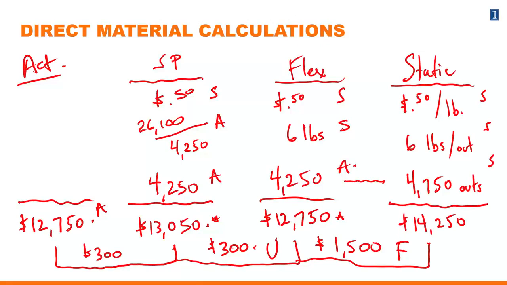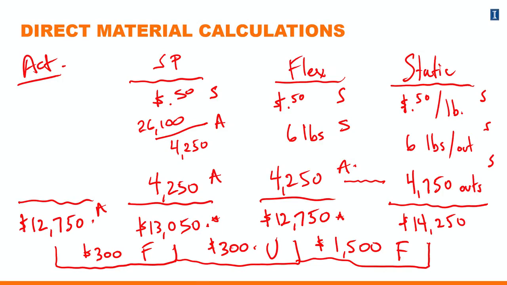And if costs are less compared to standard, then all else equal, net income will be higher. So therefore, this $300 spending variance is classified as favorable.